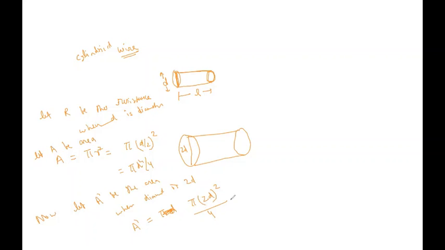If you don't want to do it in one step, you can do it slowly also, so that you don't miss anything. So again, it is pi r prime square.